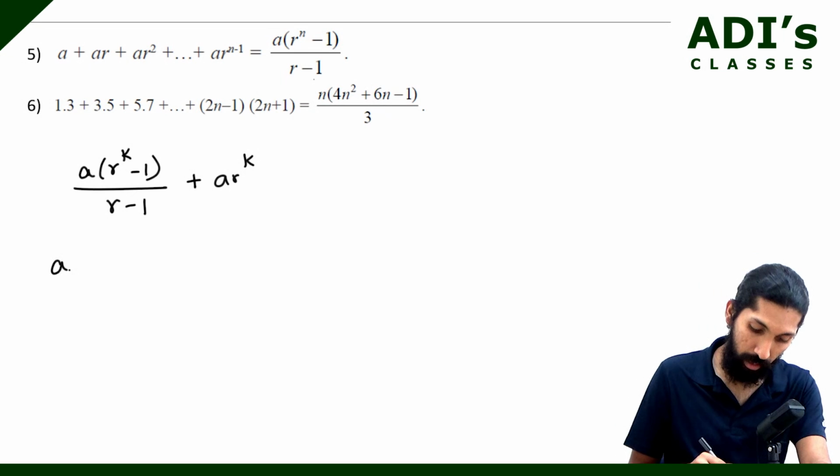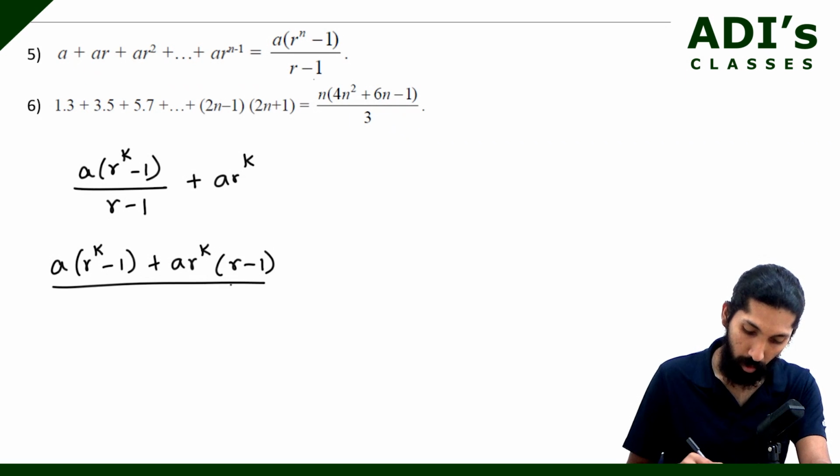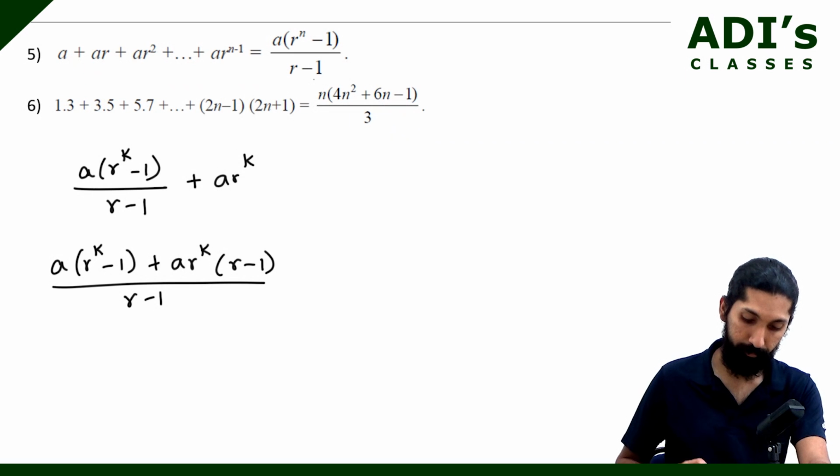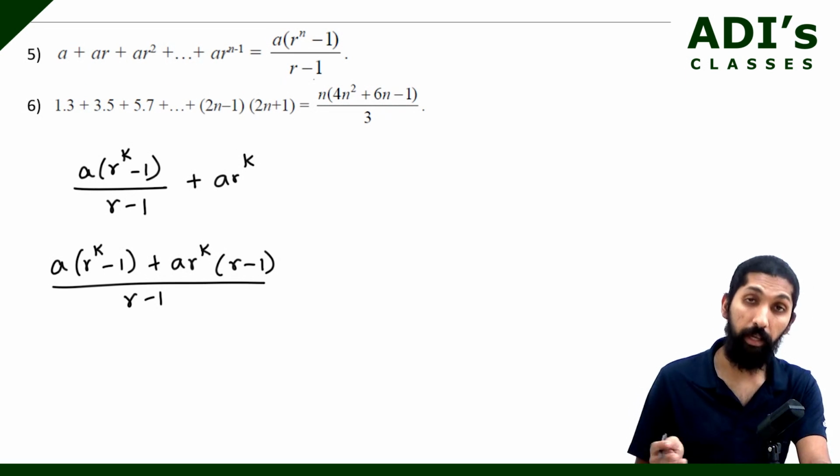So a into r power k minus 1 plus a into r power k into r minus 1 whole divided by r minus 1. Make sense? Now, first you can take a common.